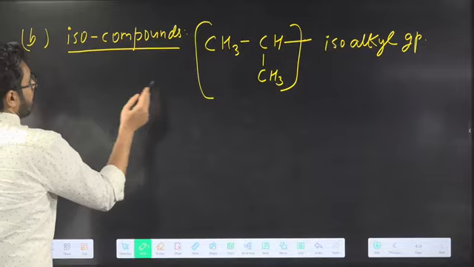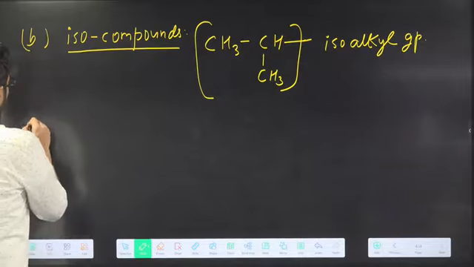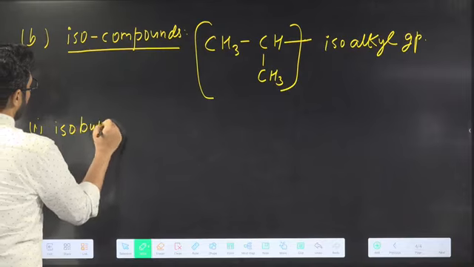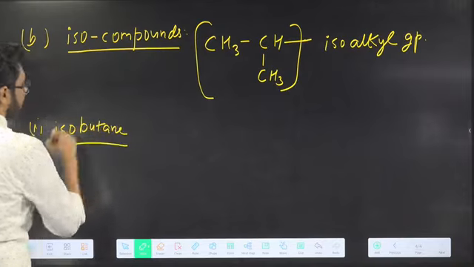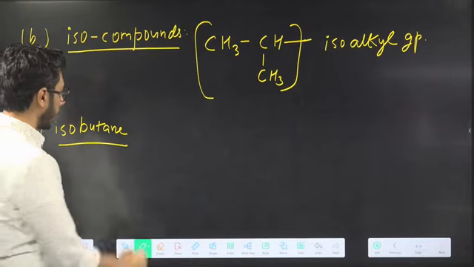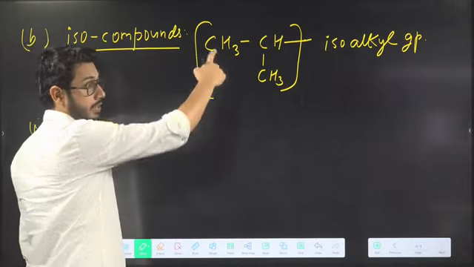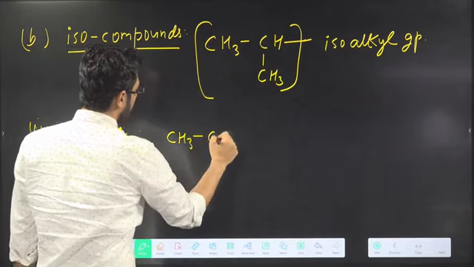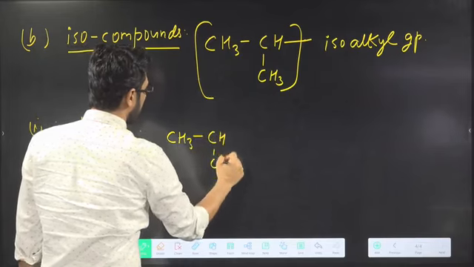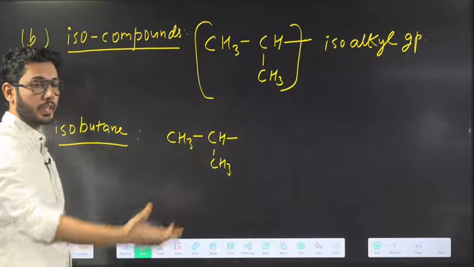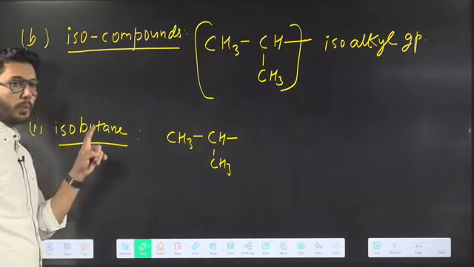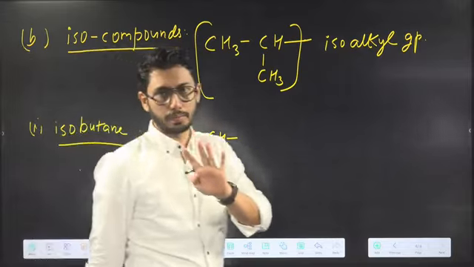So I'll give an example so you understand better. If it is isobutane, you will first write this arrangement: CH3, CH, CH3. Then you can increase the carbon chain depending upon the question. In the question, butane is given. Butane means 4 carbons.